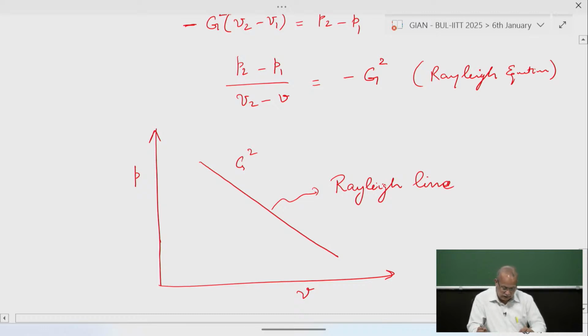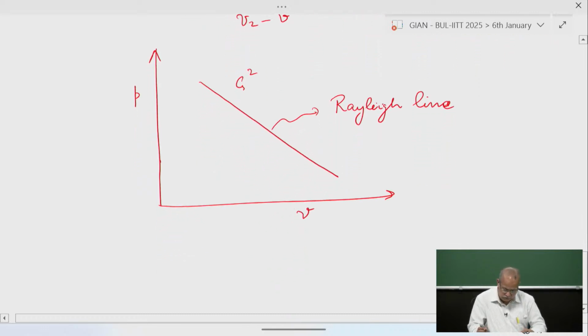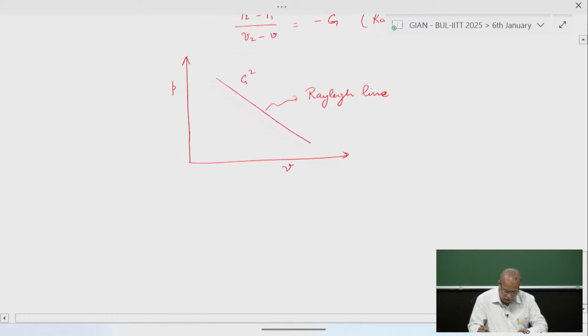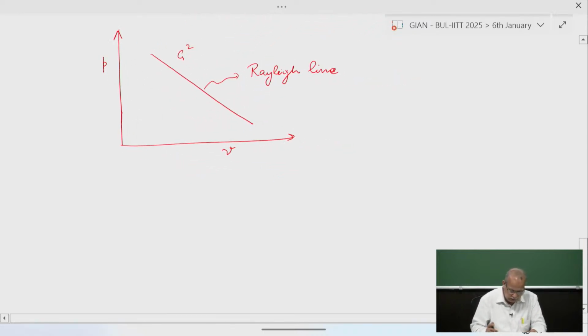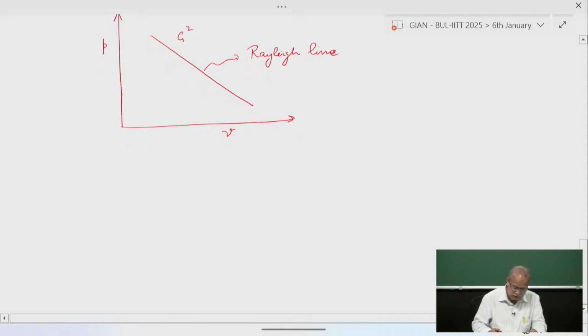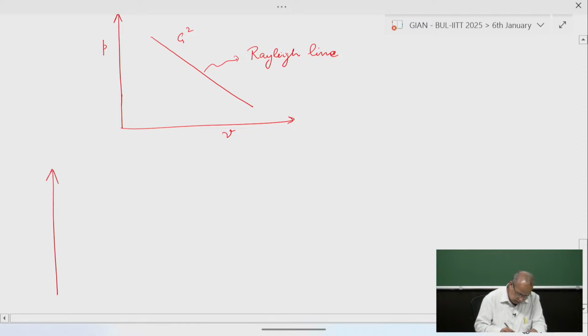Now to understand this further, to extend this theory, we're going to look at some of what we know from thermodynamics.